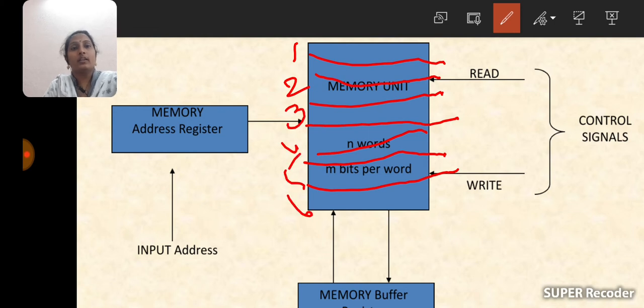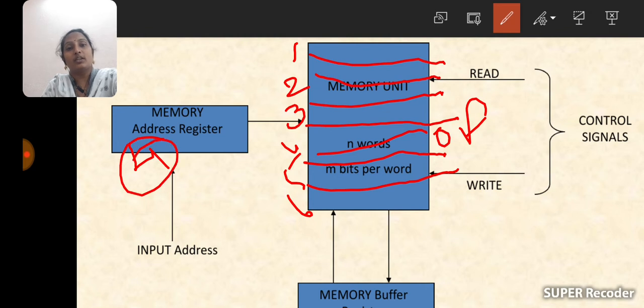For example, if this memory consists of 6 locations and I would like to enter the data into the 4th location, there is a need to mention the address of that location. If it is 0 and F, there is a need to mention that address. In 0 and F, I would like to enter my bits.